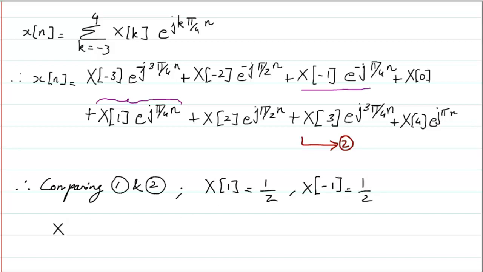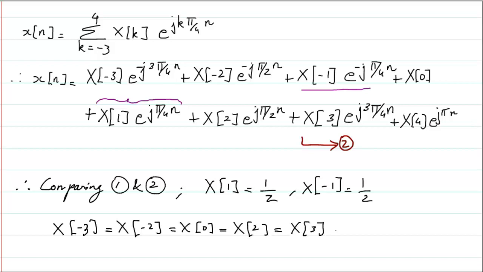All the other values, right from x of -3, same as x of -2, same as x of 0, same as x of 2, same as x of 3, finally same as x of 4, all of these are having a value of 0.